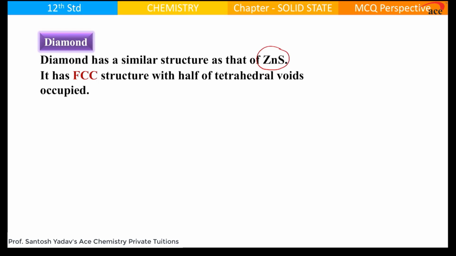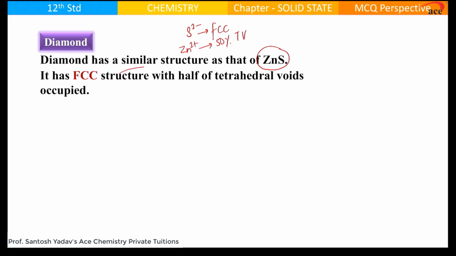Zinc sulfide. If you remember, in zinc sulfide, sulfide ions were making up FCC, that means 8 corners and 6 face centers, and zinc ions were occupying 50% of tetrahedral voids. That means alternate positions were filled by zinc ions.